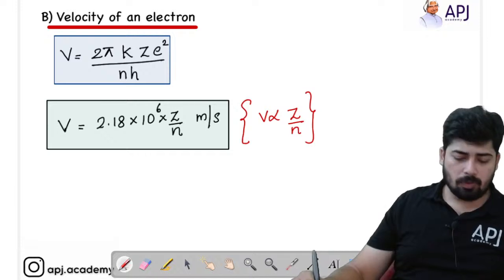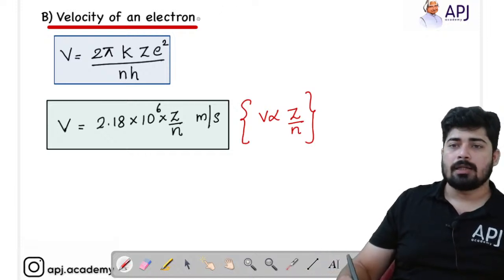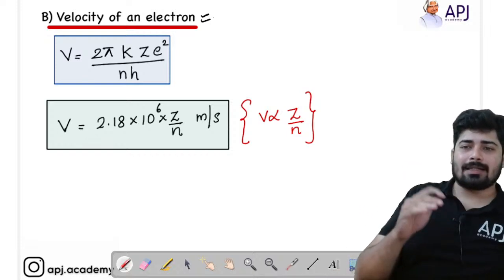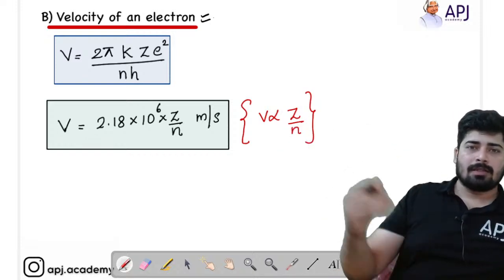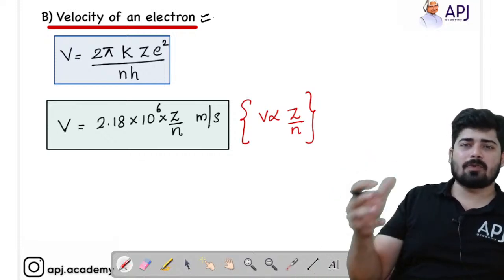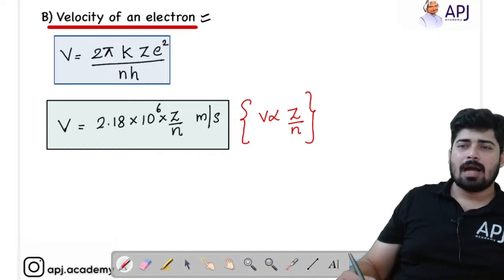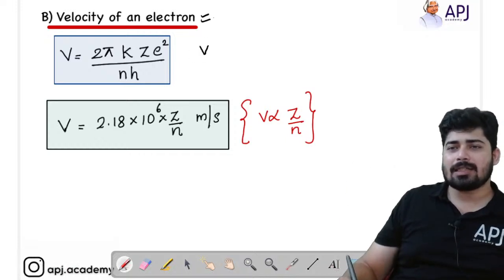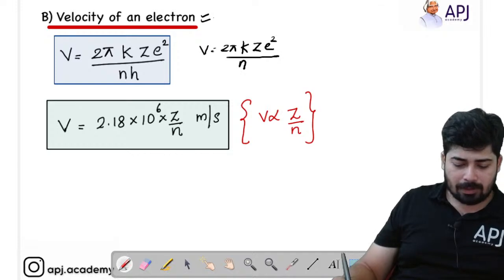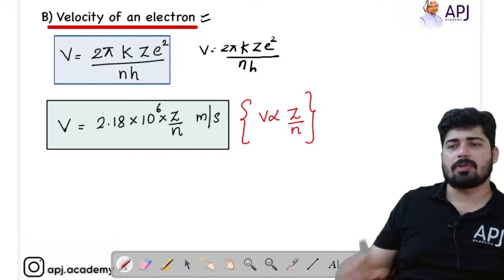Now we will move on to the next one, that is the velocity of an electron. Now we know that there is centrifugal force and electrostatic force, and both are equal. So we equate them and we get the relation that velocity is equal to 2 pi k z e divided by n h, where pi is a constant, k is the electrostatic constant, z is atomic number, e is charge of electron, n is number of orbit, and h is Planck's constant.